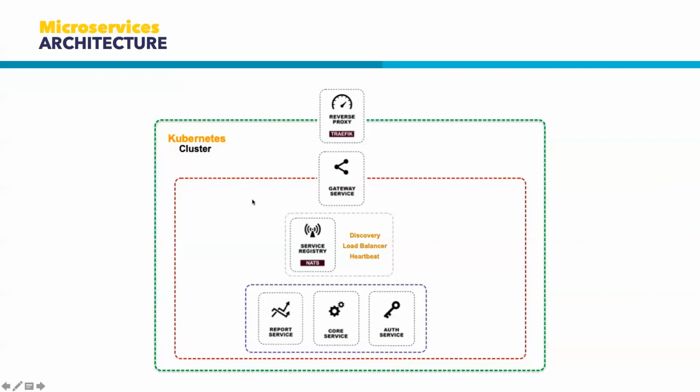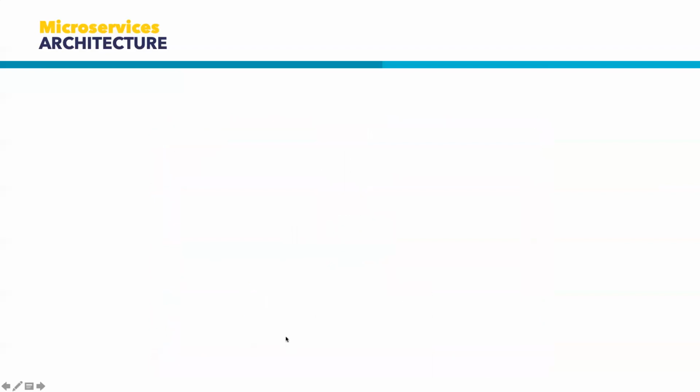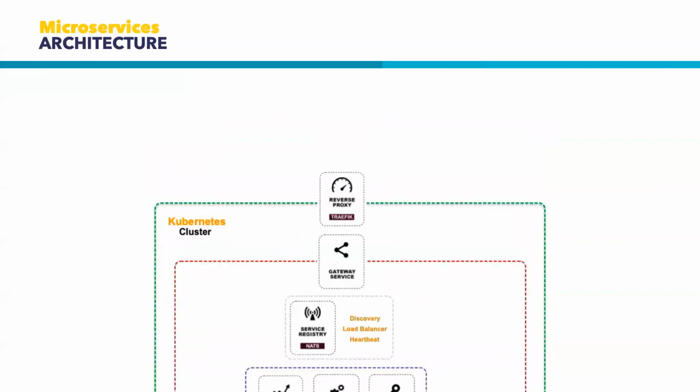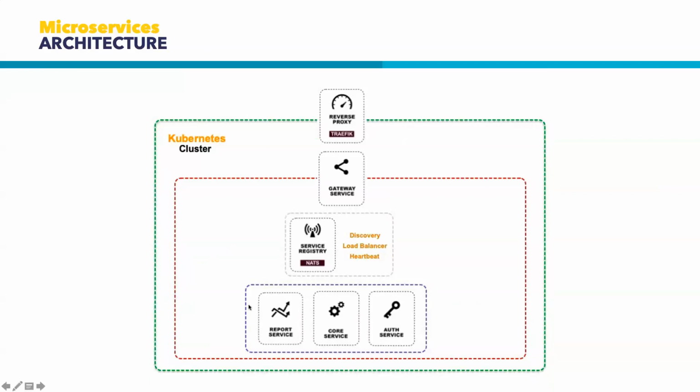Just to avoid a little bit of confusion: if I have a single node Kubernetes, that means one single virtual machine inside the Kubernetes cluster, I still can run multiple Docker nodes inside. Meaning, inside the single node, I have the report service, core service, and the authentication service running inside one single node.